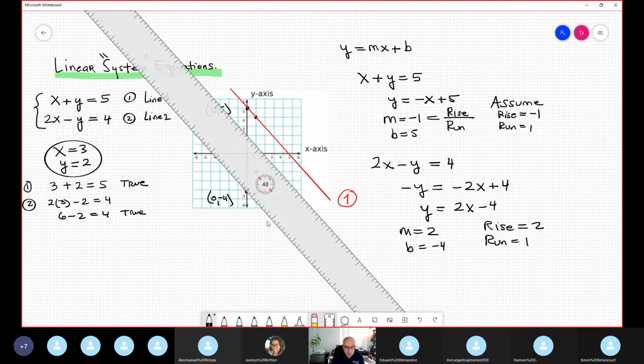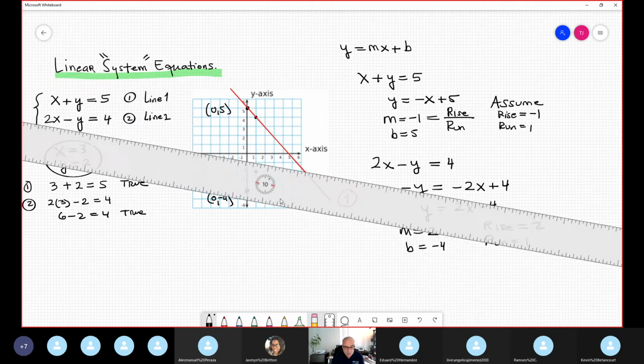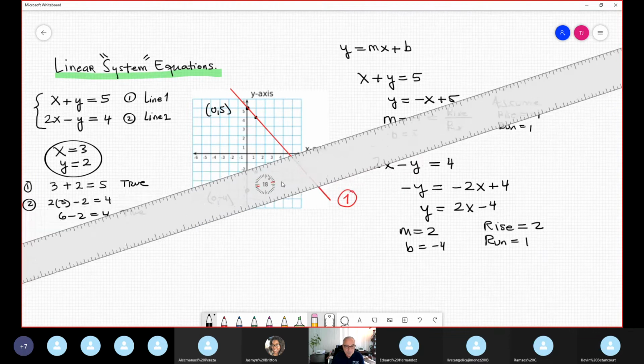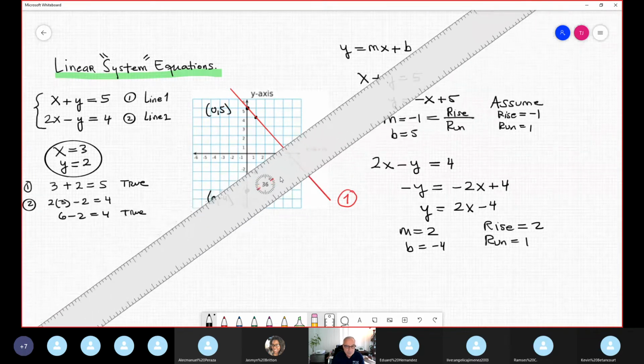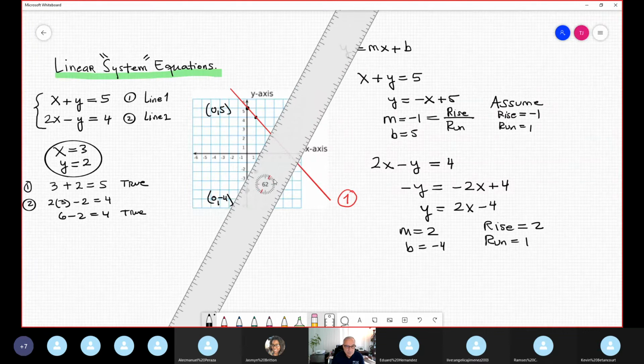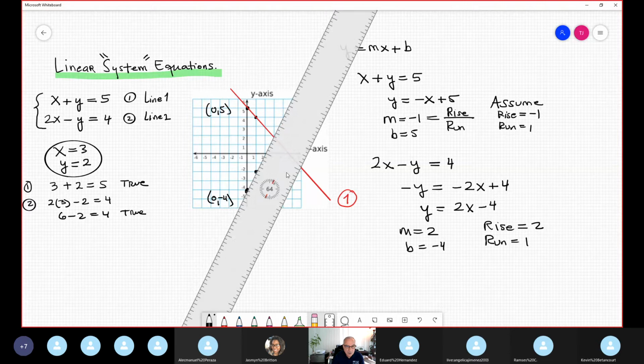Here's my ruler. Okay, I connect these points. Let me use another color, maybe blue is good. I do the second line, which represents graphically equation number 2.